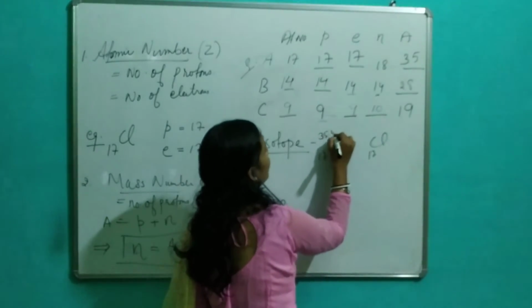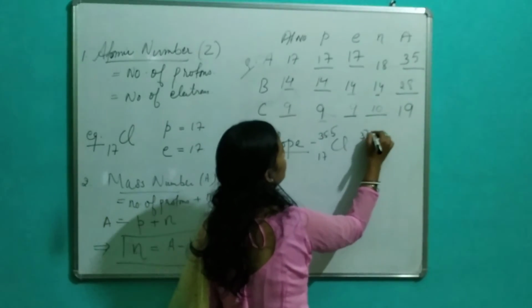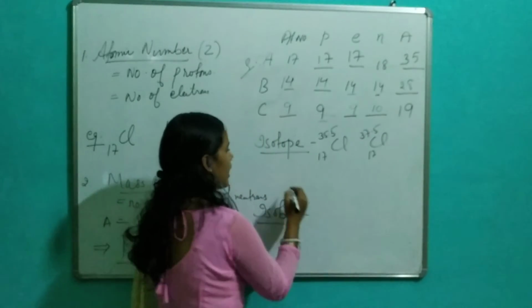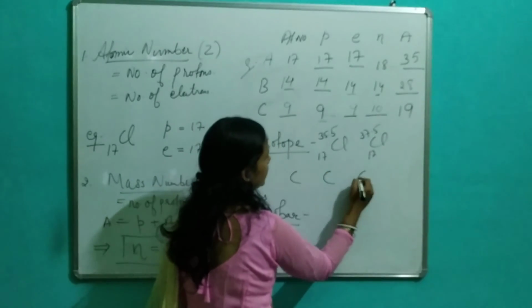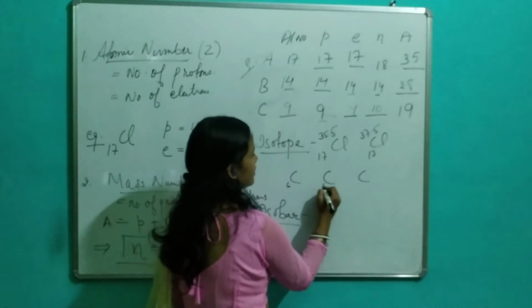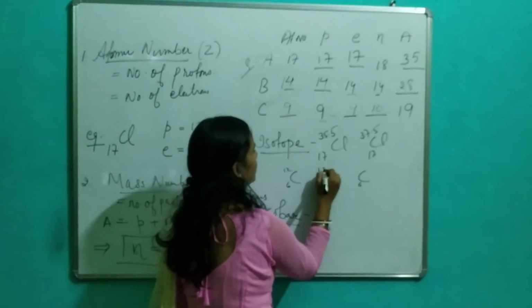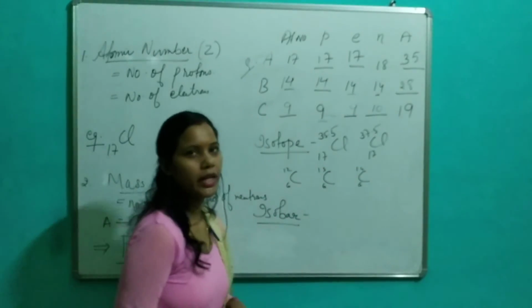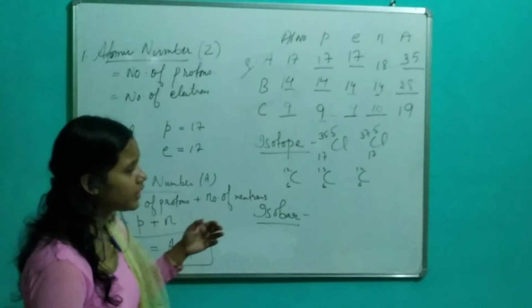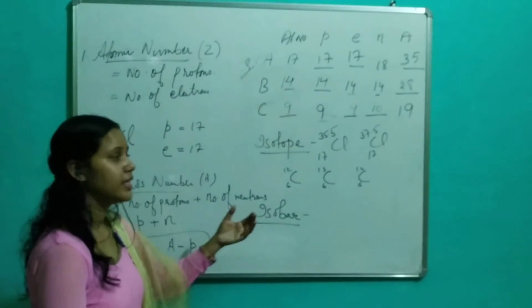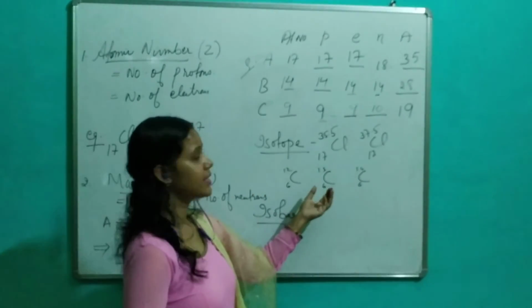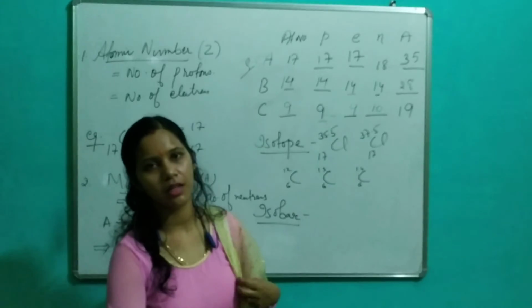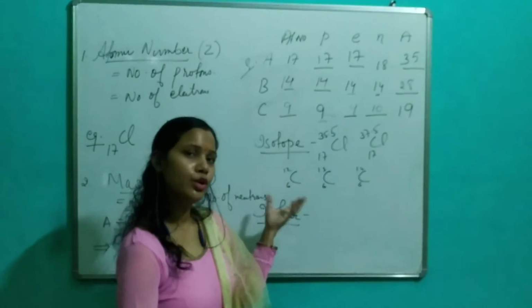One is 35, different mass number 37. Similarly, carbon 12, carbon 13, carbon 14. 6, 6, 6, we have 12, 13 and 14. Okay, so what is an isotope? Atoms of the same element having same atomic number but different mass number is known as the isotopes.